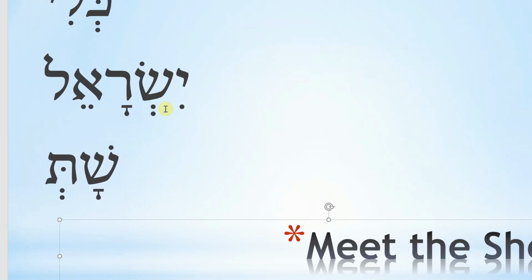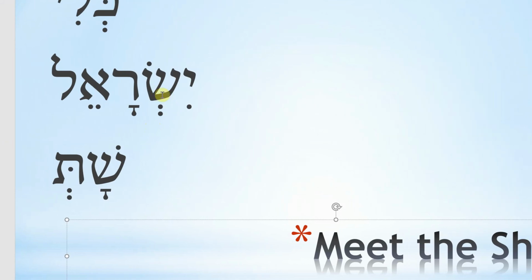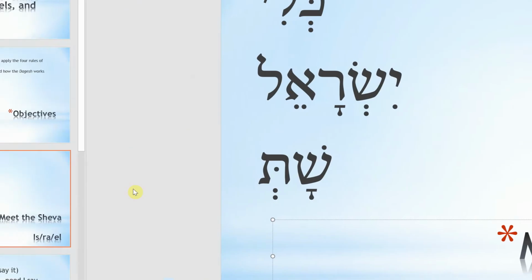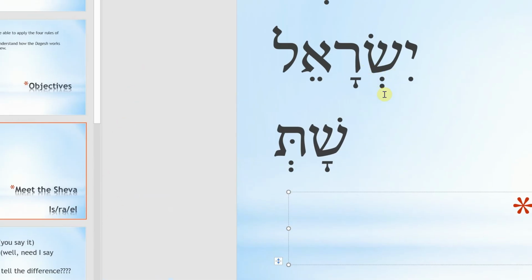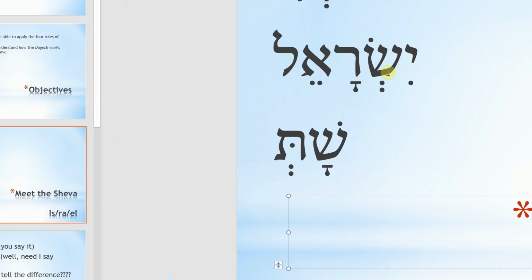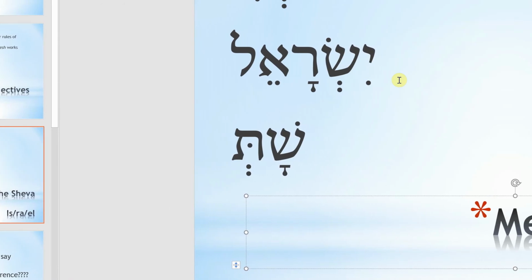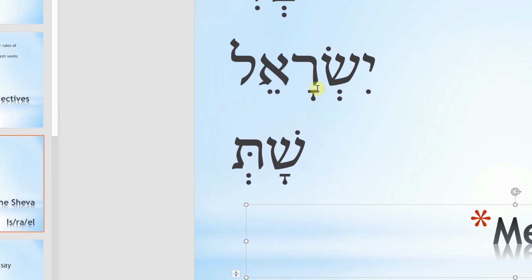And so the schwa here is in the middle of a word, which already tells us it is probably silent, and then the added bonus is that the schwa in the middle of the word generally ends a syllable. So in terms of recognizing whether a schwa is vocal or silent, if it's in the middle of the word, it is often going to be silent.